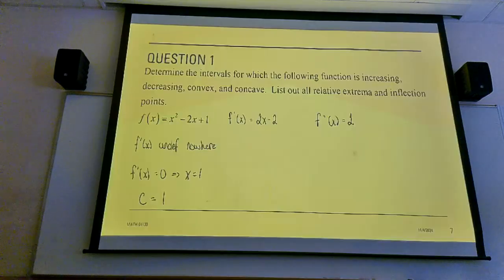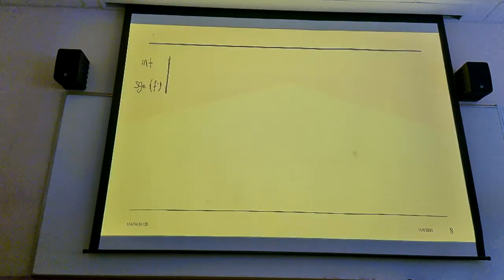We're splitting our domain at the critical points. In this case, it's 1. So you have 2 test intervals.